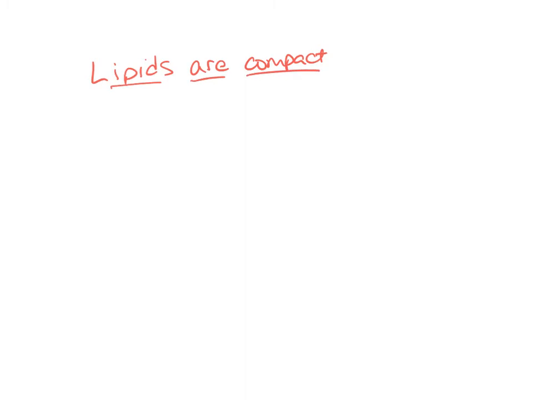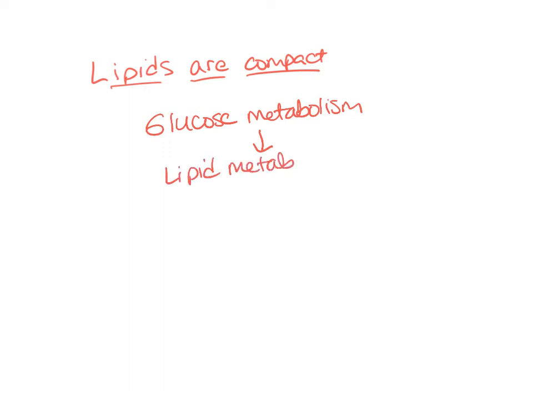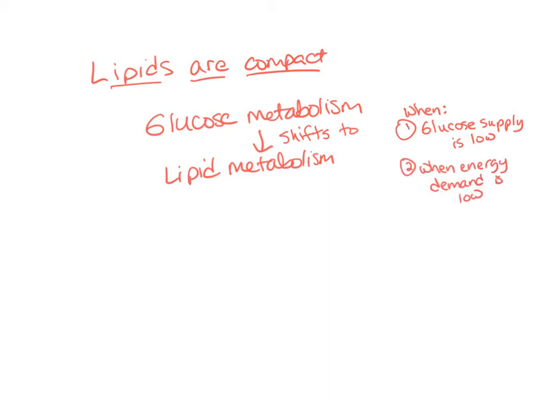Your body's first choice for fuel is glucose. But glucose metabolism will shift to lipid metabolism when glucose supply is low. It also will shift to lipid metabolism when energy demands are low as well.